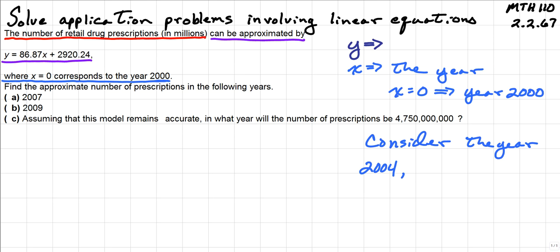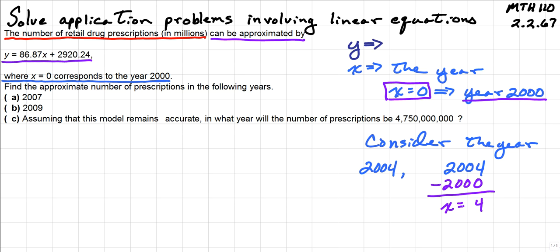Well, and this is going to be the key component to this, if year 2000 is represented as x equals 0, and I take this 2004 and I simply subtract the year 2000 from it, I end up with 4. And that's going to be my x. X will be 4.